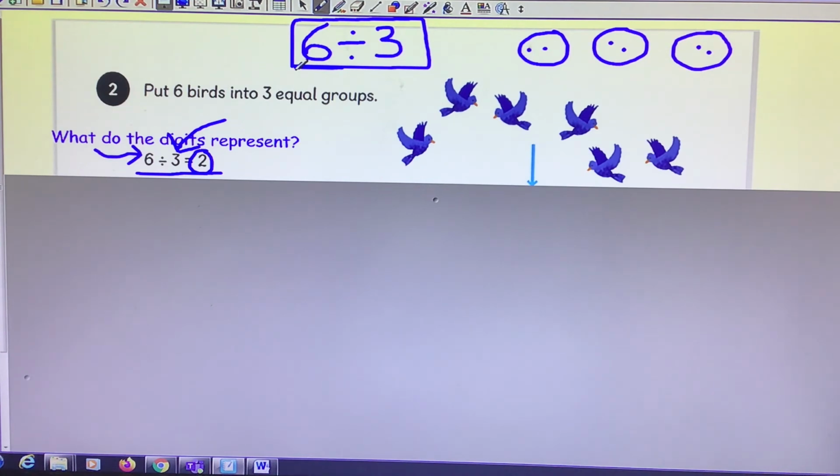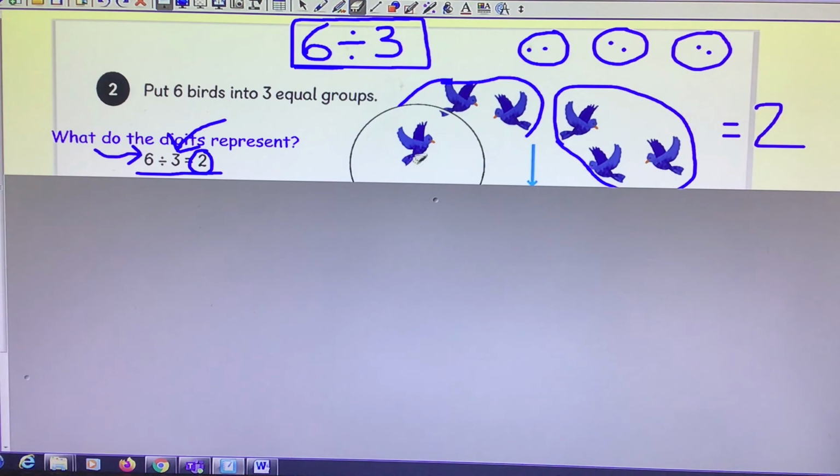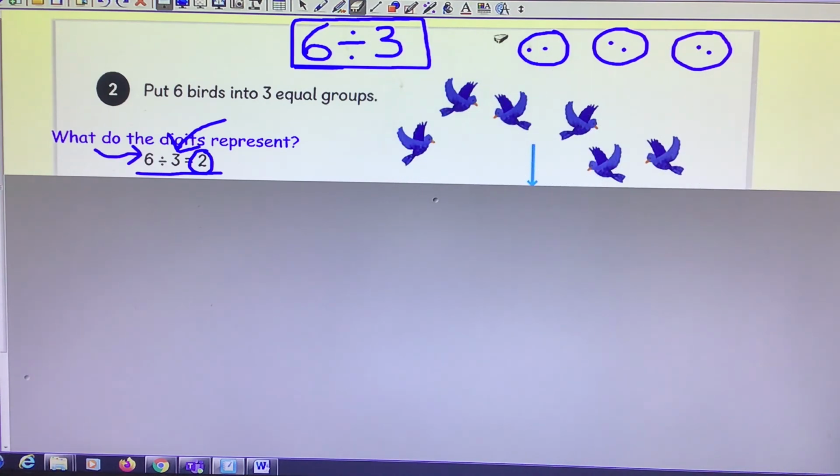We can either put the birds into groups of 3, like we did earlier. There they are, the groups of 3. And we find that there are 2 groups, or we can put the whole, the 6 birds, into 3 separate equal groups, as I have done here. 1 group, 2 groups, 3 groups.